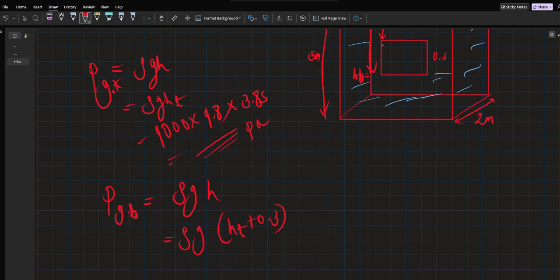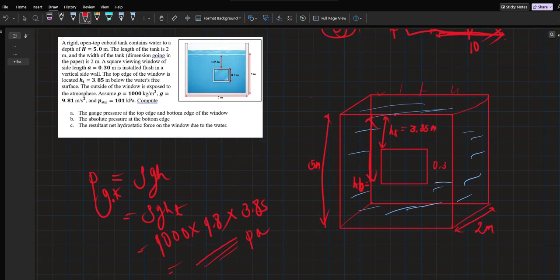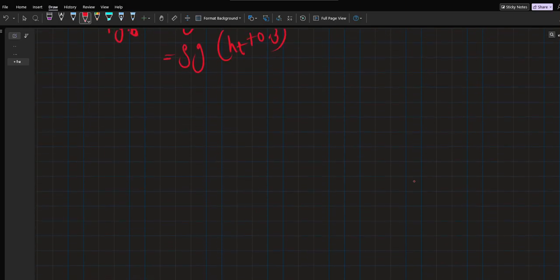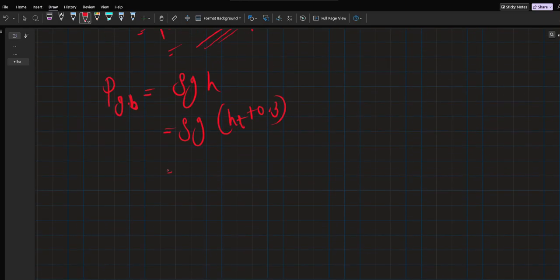Because this is the height of the window, which we already know. We just need to add this height to the height of the top edge of the window. That will give us some value. We know these values, rho g, 3.85 plus 0.3. We'll just put them in and get the answer again in Pascal.